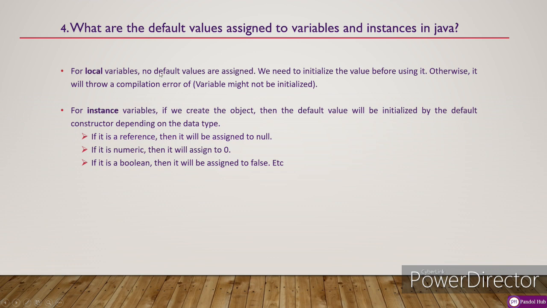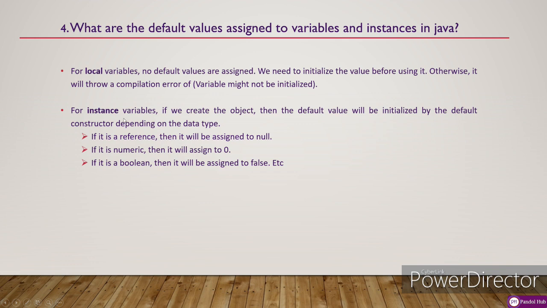You have the local variables inside the block, function, or method, and Java doesn't assign any values to them until we assign them. For example, if you have a variable a of string type and you want to use it, we first need to initialize it before we use it.